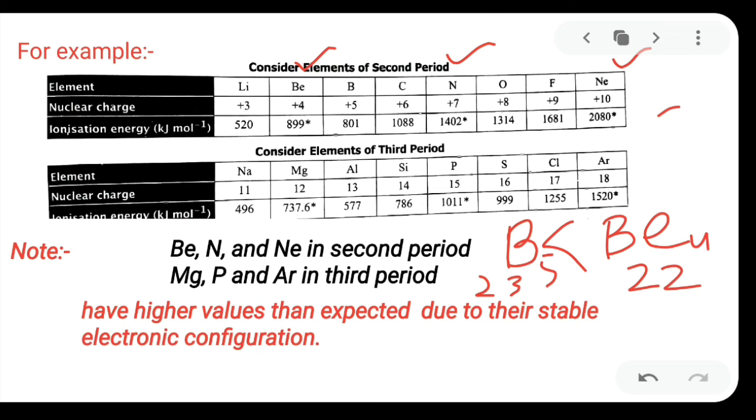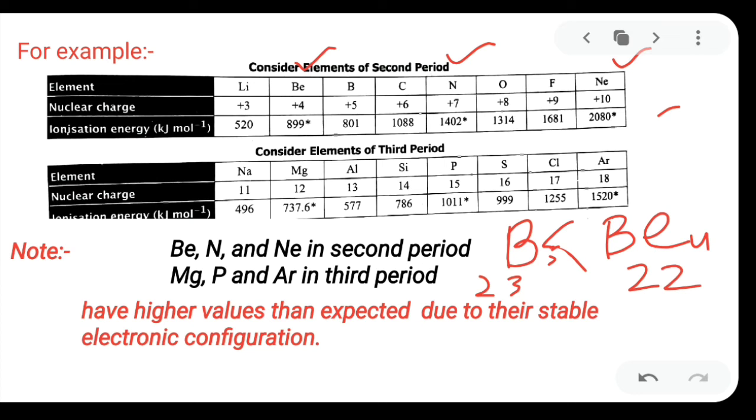We know that when the outermost shell consists of 2 electrons or 8 electrons, the configuration is very stable. That is the reason beryllium possesses a higher ionization energy than boron.